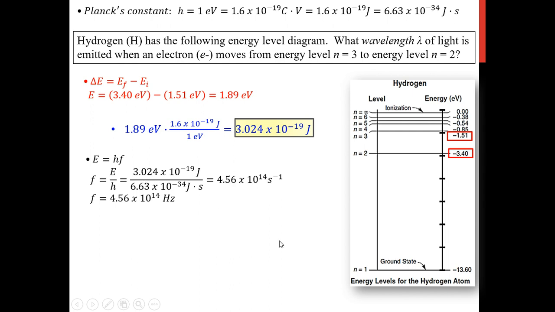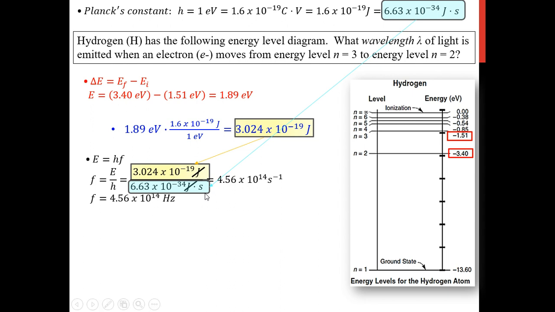E we found in the previous step, which is 3.024 times 10 to the negative 19 joules. We just carry that down. And for Planck's constant, you have to know which one to use. In this case, we want to use the very last statement there, 6.63 times 10 to the negative 34 joule seconds, because it will let us cancel out joules and leave us with units of seconds in the denominator.